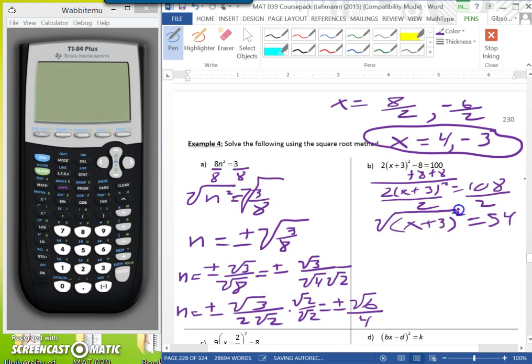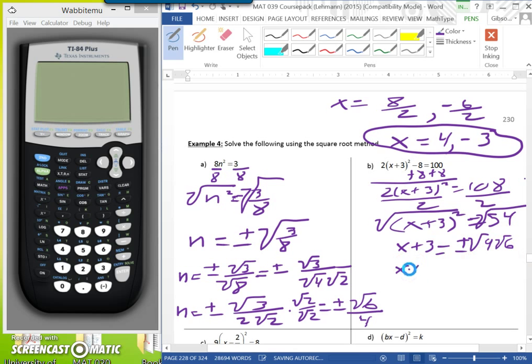Now we will take the square root of both sides, and then this will give us x plus 3 is equal to plus or minus. Now the square root of 54 has a perfect square in it. We know the highest perfect square in 54 is 9. So it'll be the square root of 9 times the square root of 6.